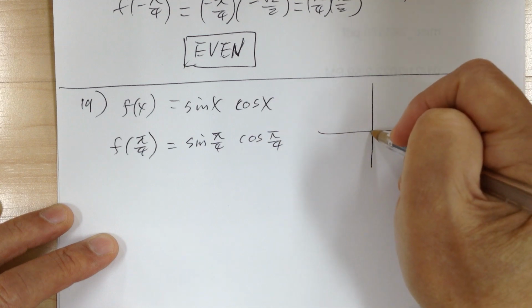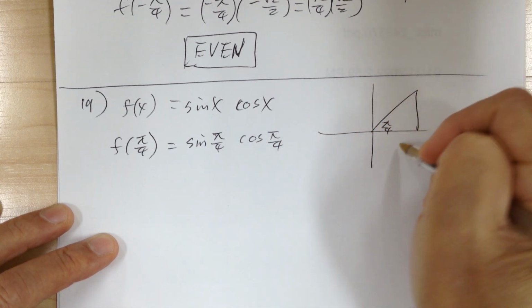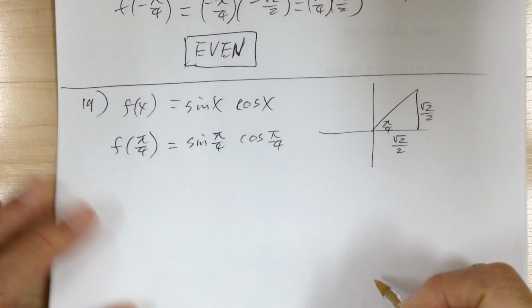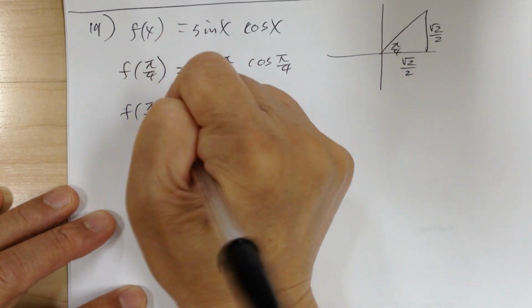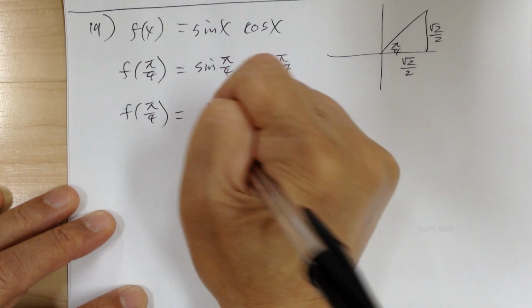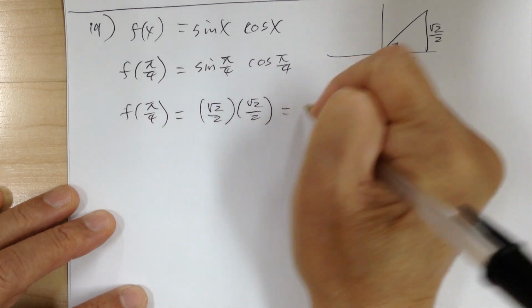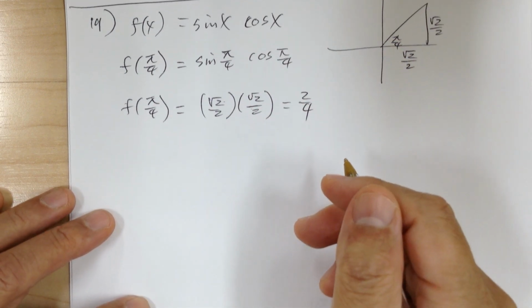This is a 45-45 triangle, so both are square root of 2 over 2. So f of pi over 4 equals square root of 2 over 2 times square root of 2 over 2, which equals 2 over 4. You don't want to simplify because this is not the final answer.